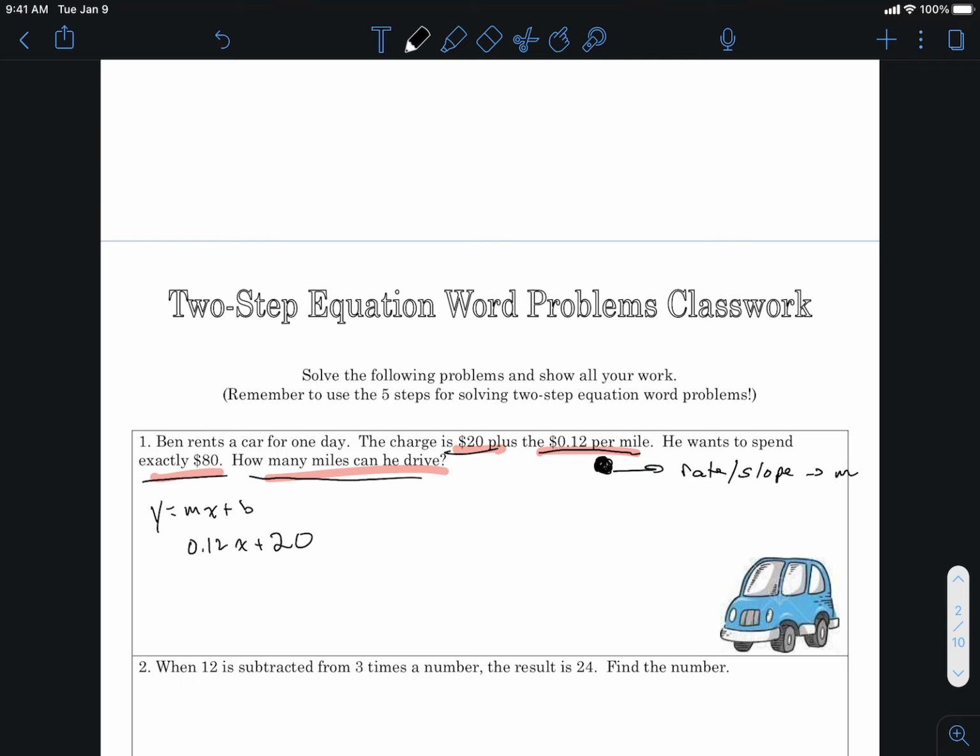Now I would say, how many miles can he drive? This is the harder one, deciding which one of these is going to be X and which one of these is going to be Y, the last two, right?